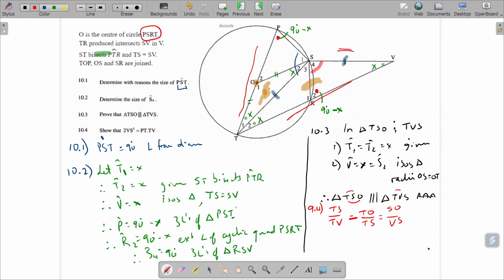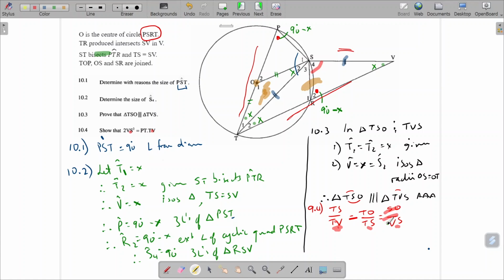Okay, I'm going to go over to the question and help the question guide me. They are talking here about TV. TV is this one here. So I want to use the left-hand one. And they talk to me about VS, which is over here. So I'm going to choose to use this one here.